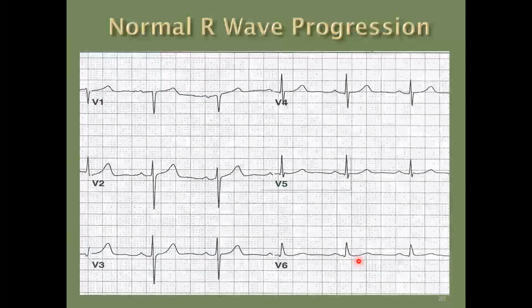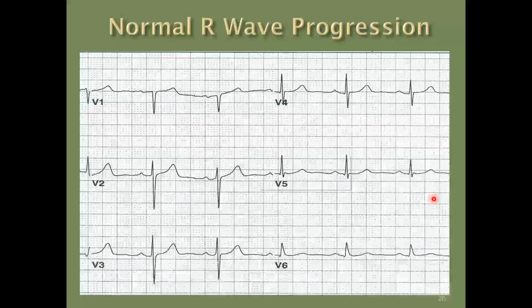So if we look at this ECG here, take a second and tell me where you see the transition. It goes from a smaller R wave to equal R, equal S. You can throw your answer in the chat if you want.